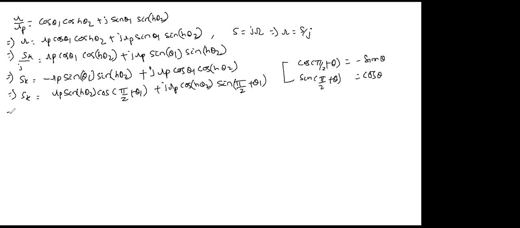Now what will we get? Then I can write like this. So s k equals to a cos of phi k plus j b sin of phi k. Just I want to represent like this.